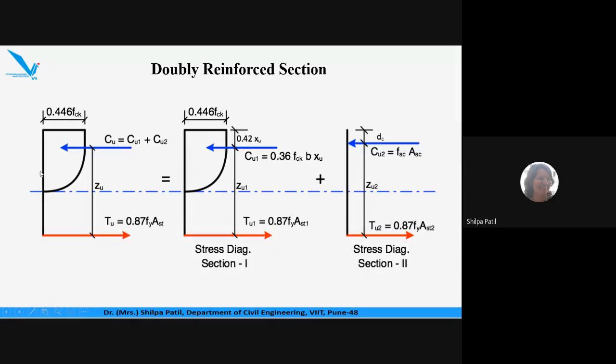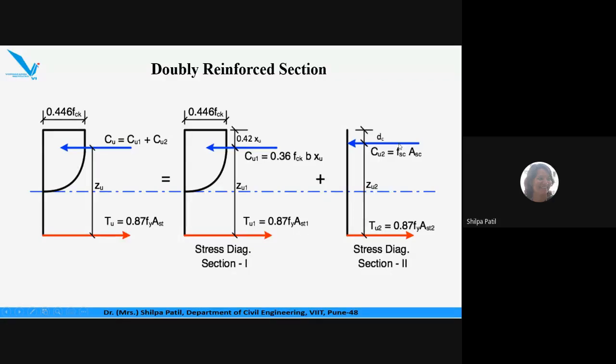Now the same stress distribution diagram, we consider that it is divided into two parts: the stress distribution diagram corresponding to section 1 and the one corresponding to section 2. In section 1, only Cu1 is in action, the force of compression developed due to concrete. To balance Cu1, there will be some force Tu1, which will be 0.87 fy into Ast1.